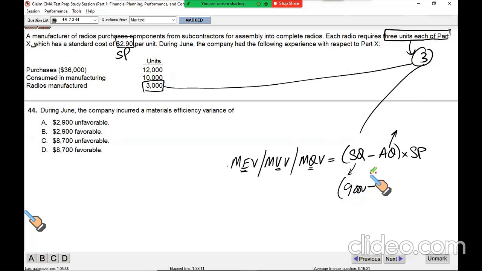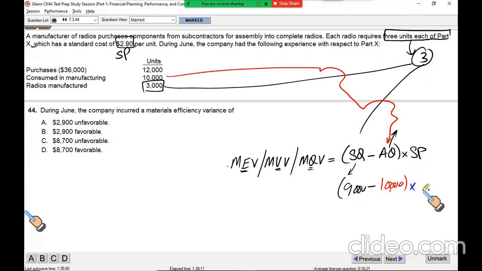But look at what you have done. Very bad. You consumed 10,000. As per the standard, 3,000 radios should consume 3,000 times 3, 9,000 units. But you consumed 10,000. You consumed more than the standard. This is not going to be good. This will result in adverse variance. What is the standard price of part X? It is given as 2.9.